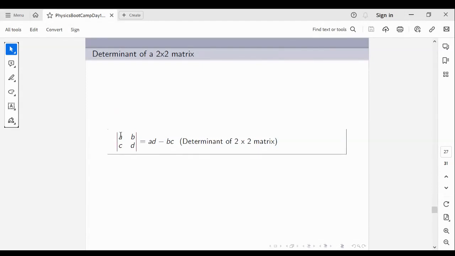We have a matrix here, which is A, B, C, D. And when we want to take the determinant of it, we put it in these elongated bars, and we take the product of the main diagonal, and subtract the product of the non-main diagonal, basically AD minus BC.